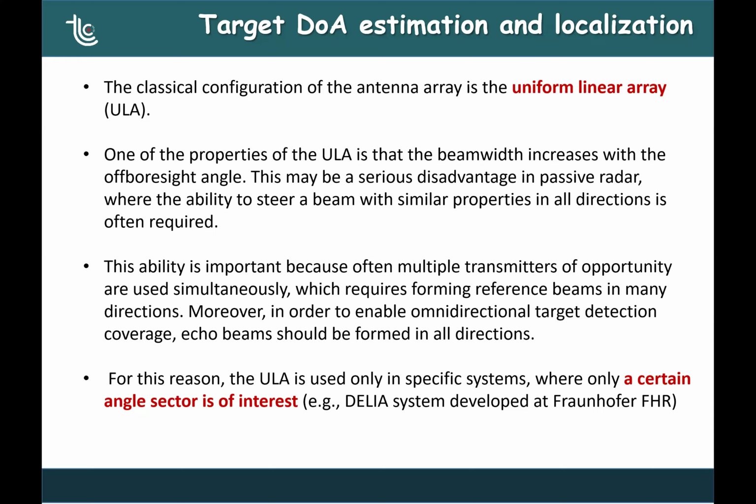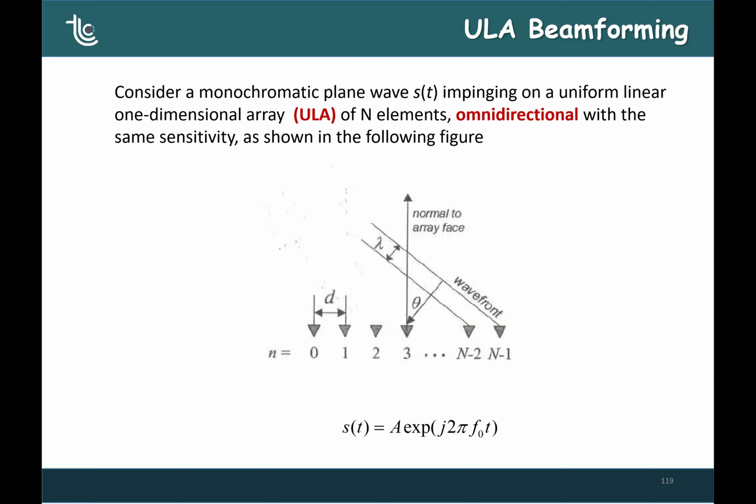But there are systems that use the ULA, so the uniform linear array, in particular when they scan only a specific angle sector. For instance, the Dahlia system developed by Fraunhofer in Germany uses a ULA. So let's summarize how we can form the beam.